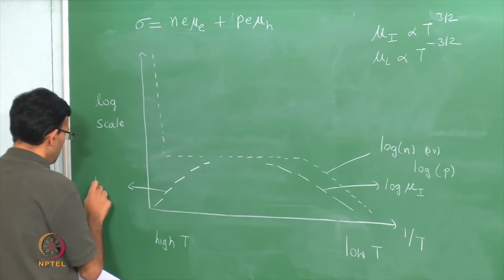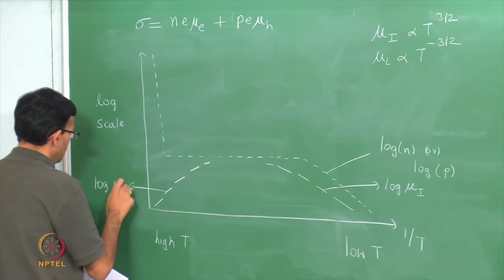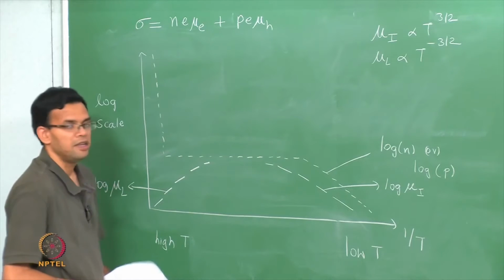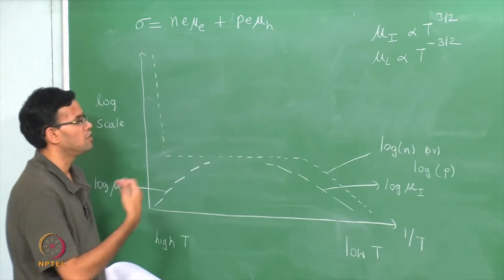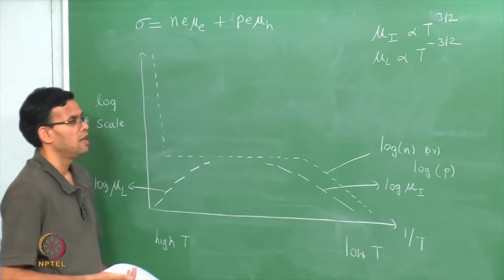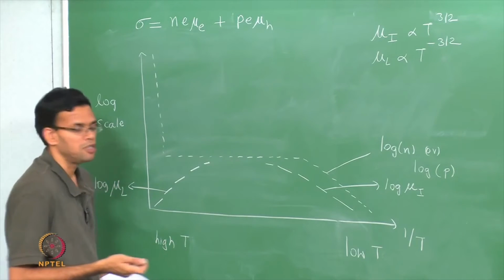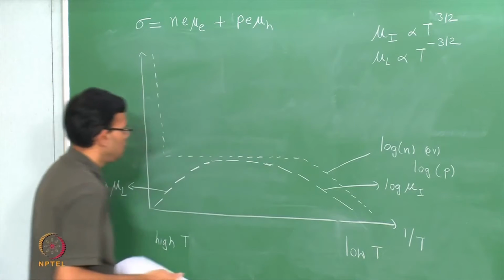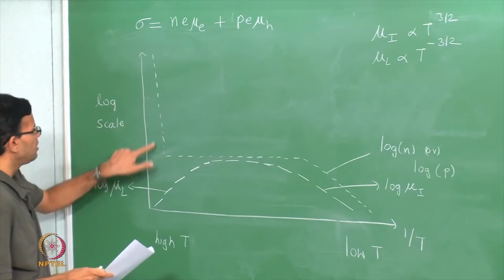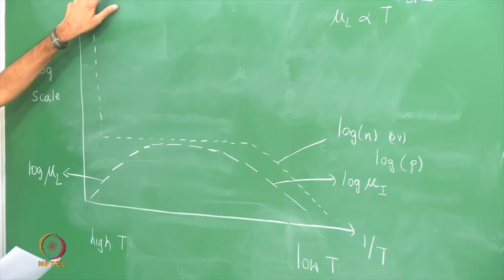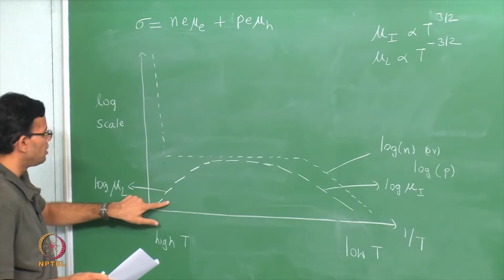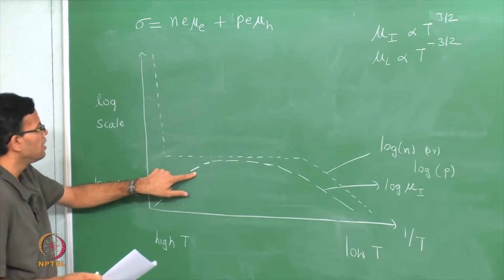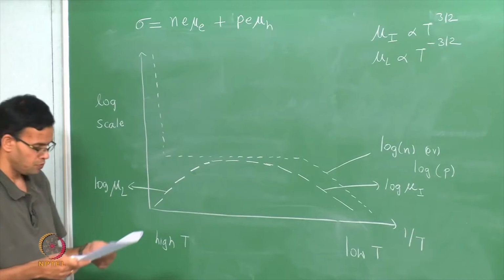So, this is log mu L. At intermediate temperatures both the scattering from the lattice and the scattering from the impurities will be more or less equal. So, the first dotted line represents n, the second dotted line or dashed line represents log of mu.